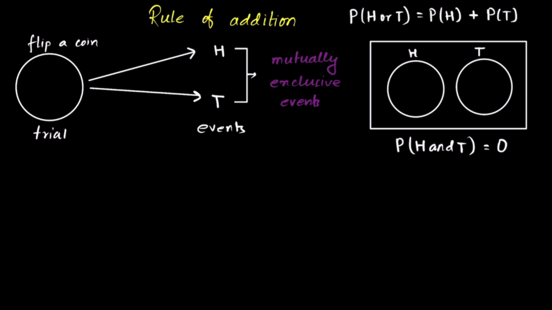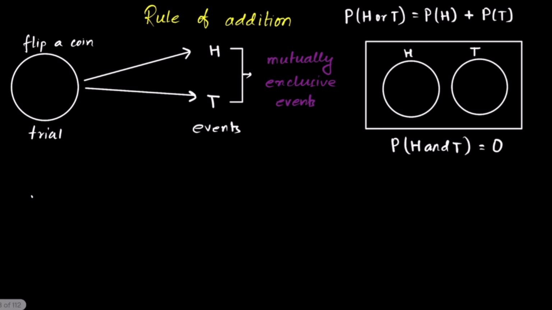So, mutually exclusive events are such events that never occur at the same time. And since they never occur at the same time, the probability of getting those two events at the same time is obviously 0. And the probability of the occurrence of two events can be calculated by simply adding the probability of each event.